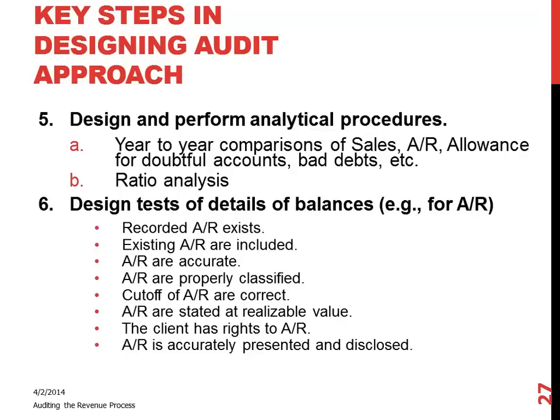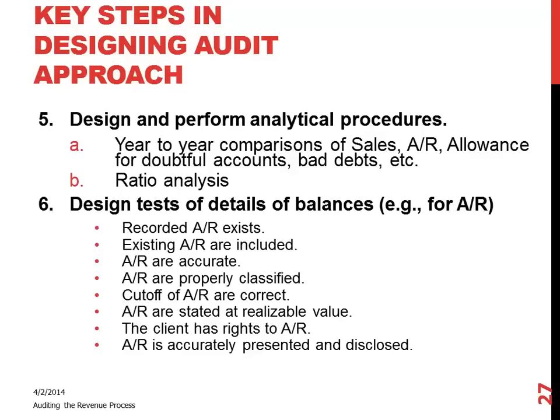Some of the analytical procedures that are common in the sales and revenue cycle are, obviously, looking at sales from one period to the next, looking at changes in accounts receivable, and looking at the change in allowance for doubtful accounts. Does it make sense? What is accounts receivable as a percentage of sales?